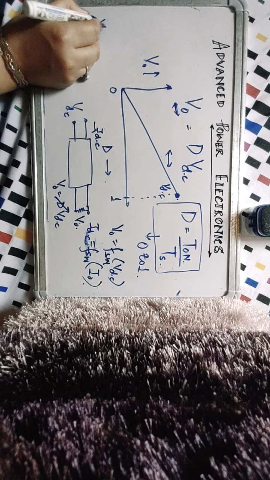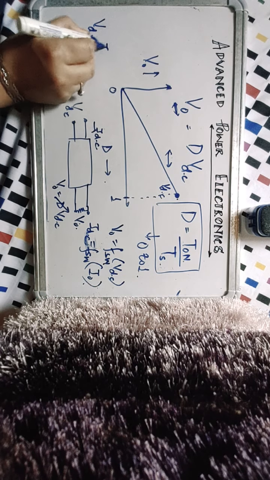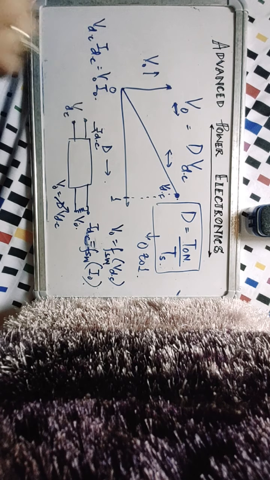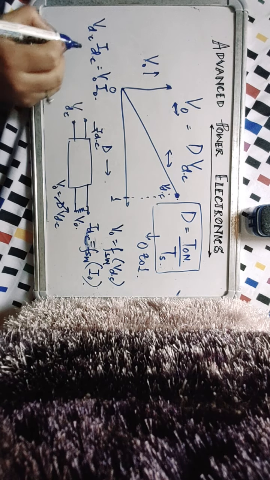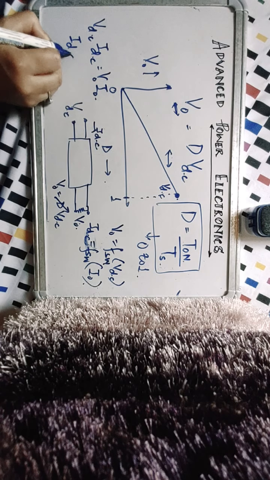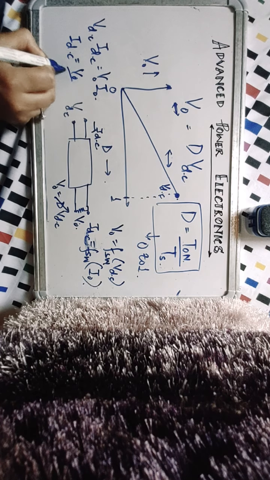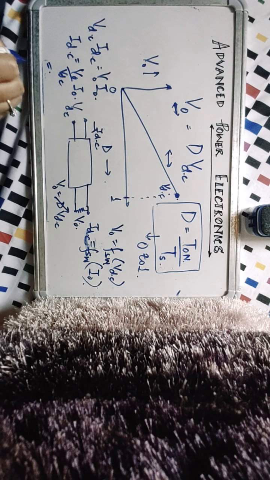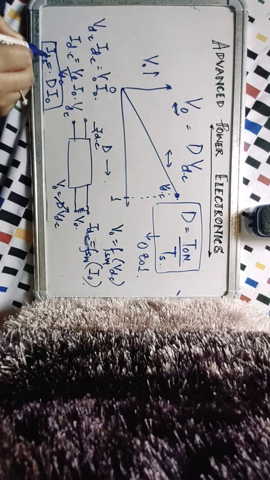You can simply assume that it's a lossless converter. VDC IDC is equal to V naught I naught. Neglect the losses for now. You can directly find that IDC is equal to V naught upon VDC into I naught. So this becomes D times I naught. So IDC is a switching function of I naught.